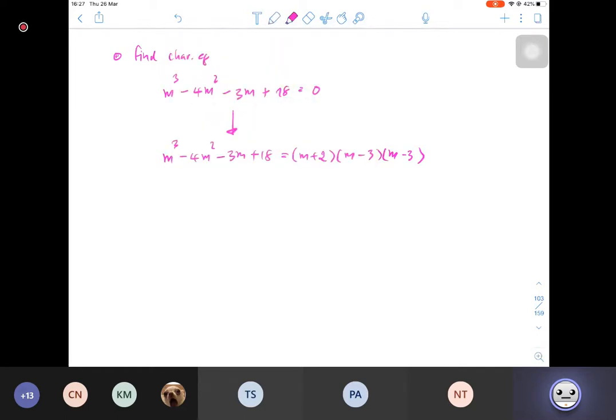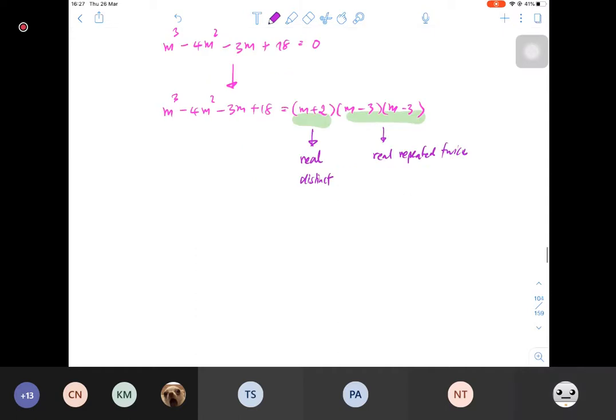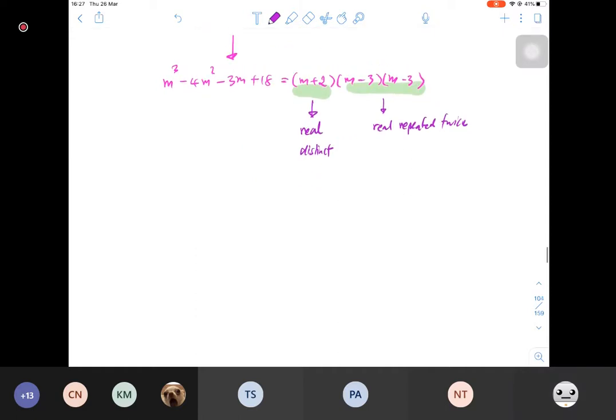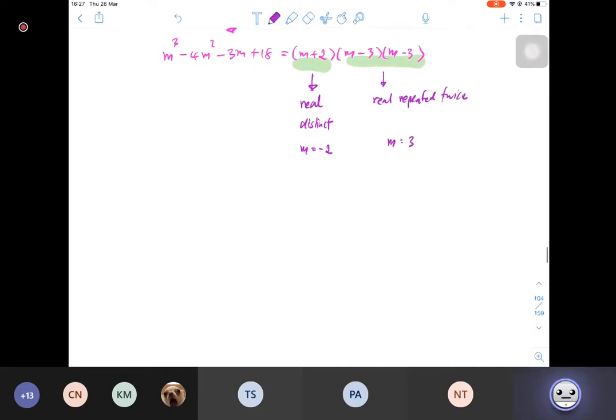So in this case, you would have two types of roots: this one is real, and this one is real twice. So for this one, your m would be equal to minus 2, and for the repeated one, your m is equal to 3. So you have found the roots.